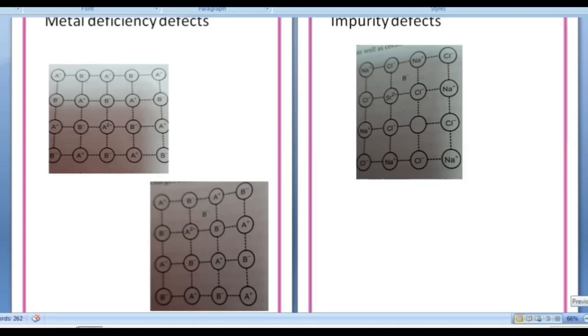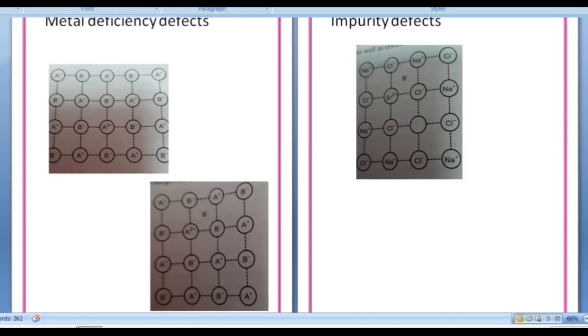Copper shows Cu+ as well as Cu2+ state. So two Cu+ are missing, and in their place there is a single Cu2+. So the positive charge is the same, but one atom is less. Same, it can also be seen in iron, because iron also shows variable valency, Fe2+ and Fe3+.